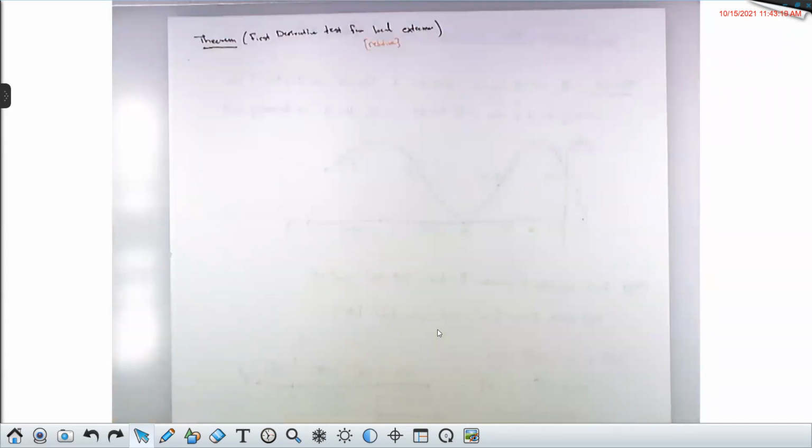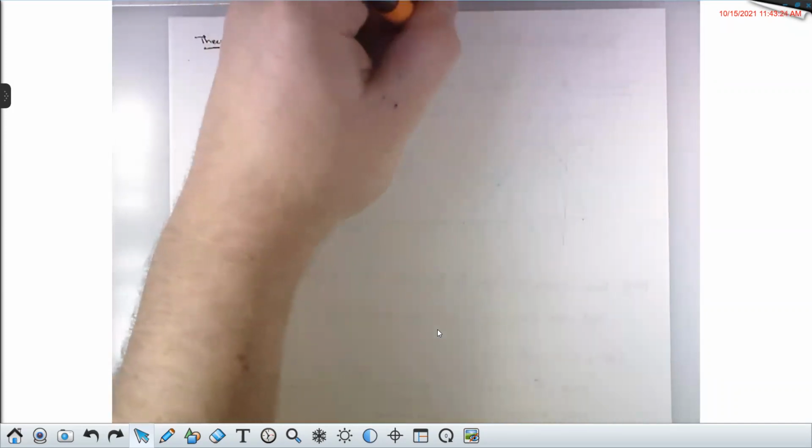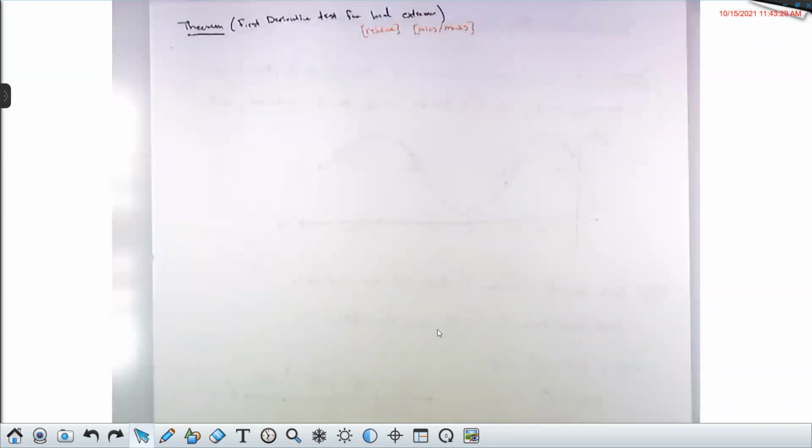And extrema means mins or maxes. If I want to refer to all the mins and maxes for a function using a single word, that word is extrema. So this is a test that allows you to locate local mins and local maxes, or relative mins and relative maxes. Relative and local mean exactly the same thing. So there is no excluding from one, not the other.